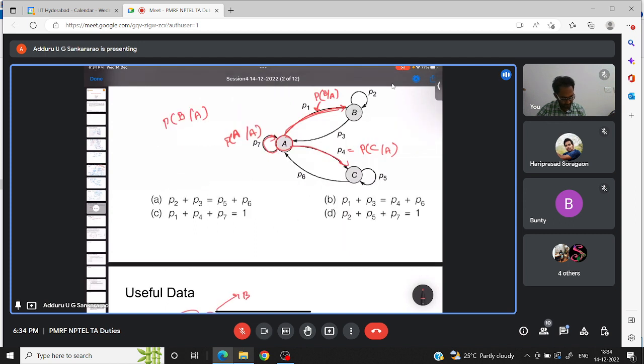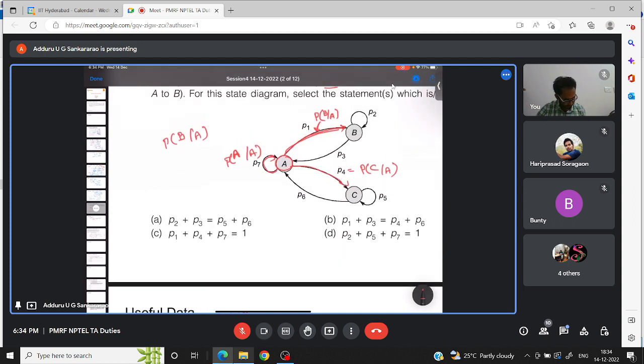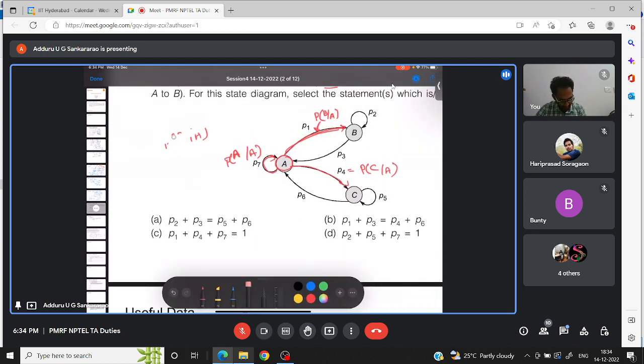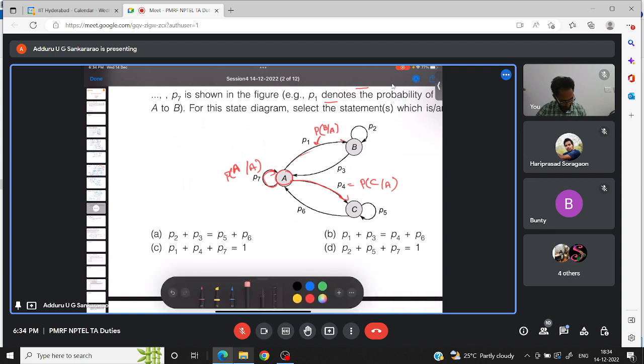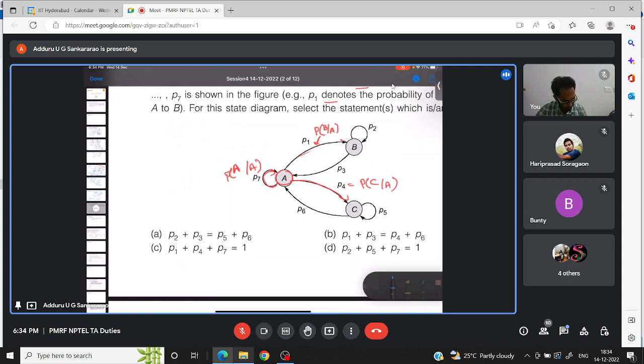Now let us see. I am writing here. For state A, what are the three state transition probabilities? P1 is going from A to B. P7 is staying in A only, and P4 is going from A to C. That means P1 plus P4 plus P7 equals 1.